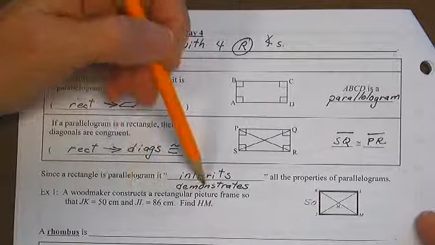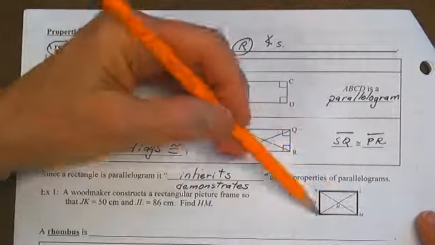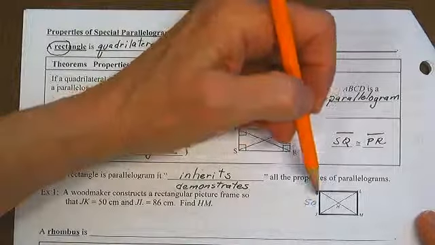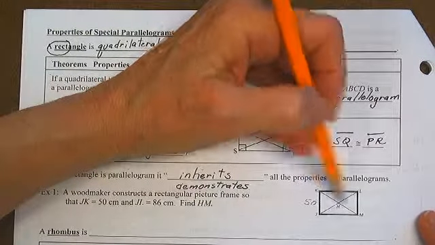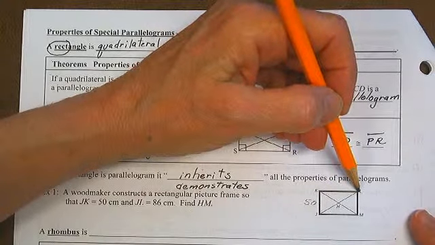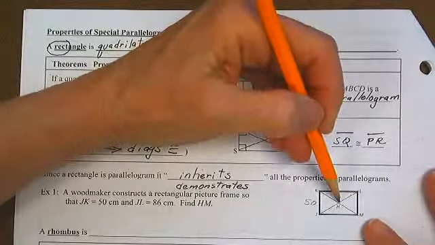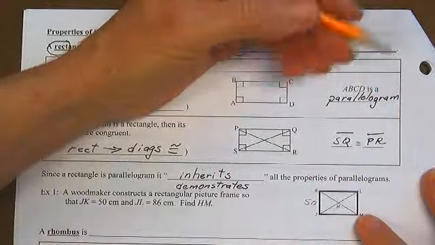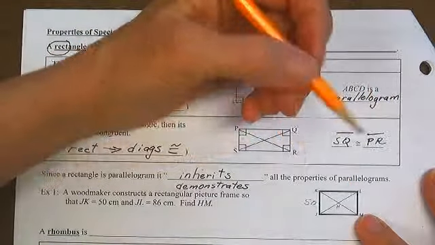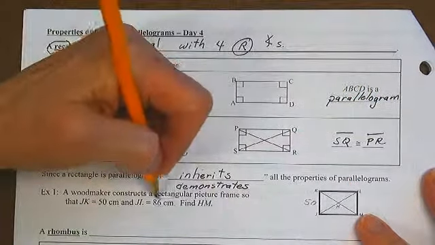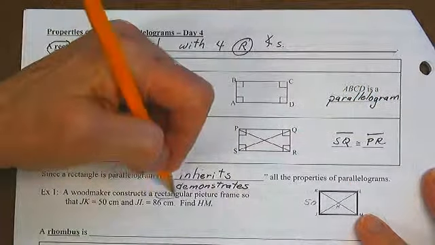A woodmaker constructs a picture frame so that JK is 50 centimeters and JL is 86 centimeters. Find HM. Well, we know that because we have a rectangle, the diagonals are congruent, so JL is congruent to KM.